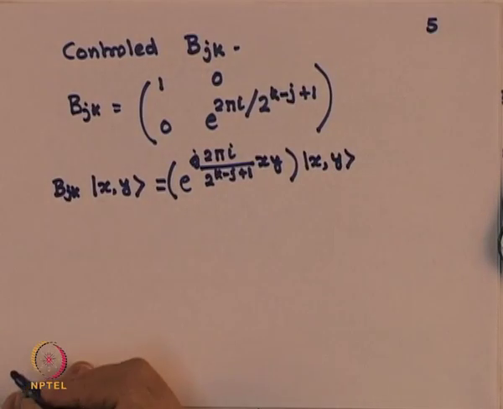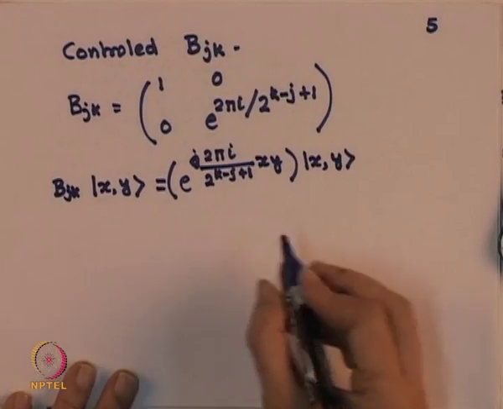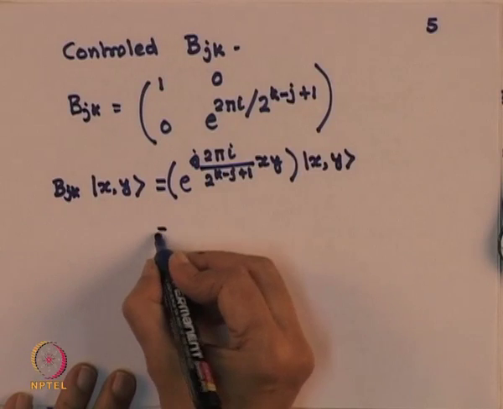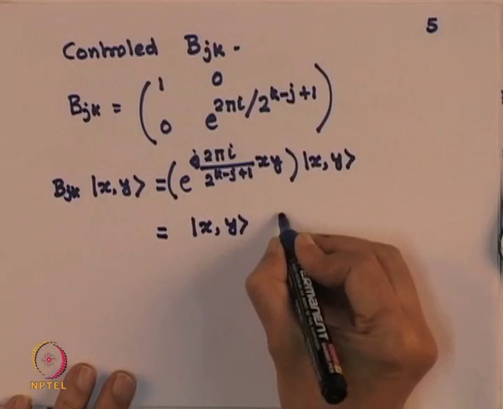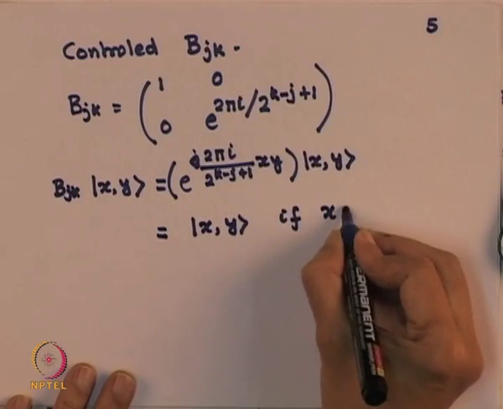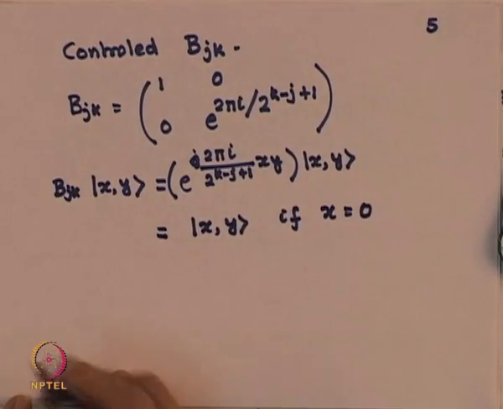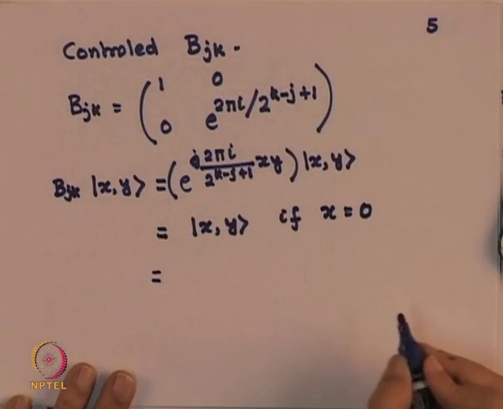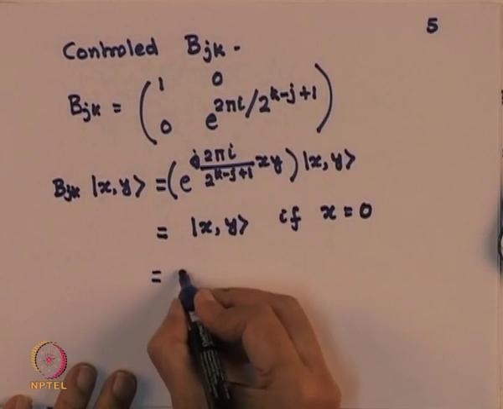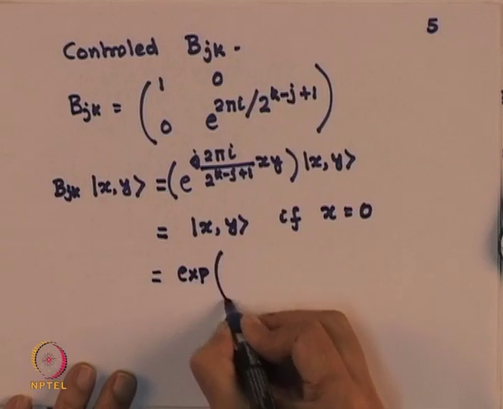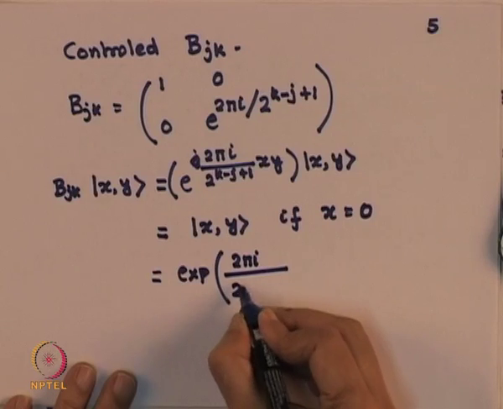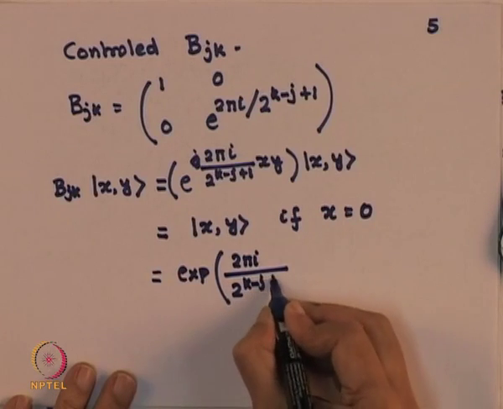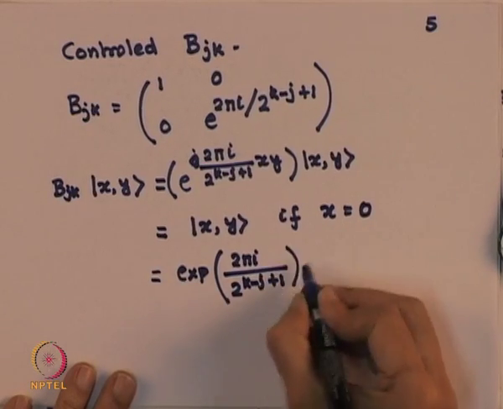Now what does it give me? It tells me if x is equal to 0, this is nothing but xy. On the other hand, if x is equal to 1, it picks up a phase, that is exponential of 2 pi I by 2 to the power k minus j plus 1 times y.